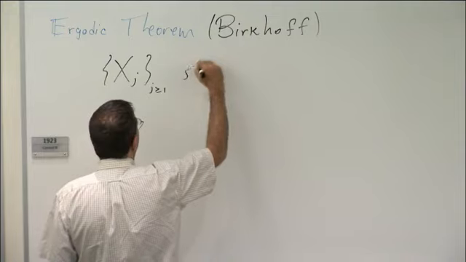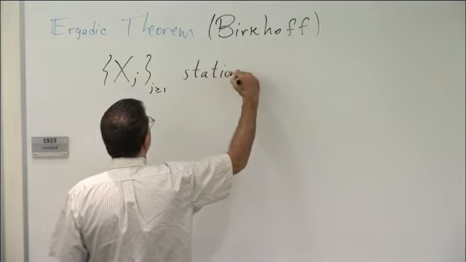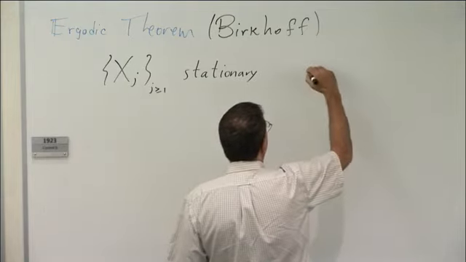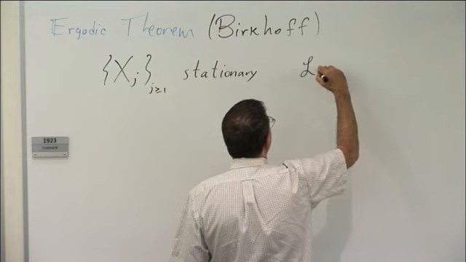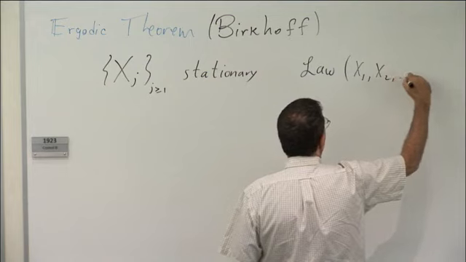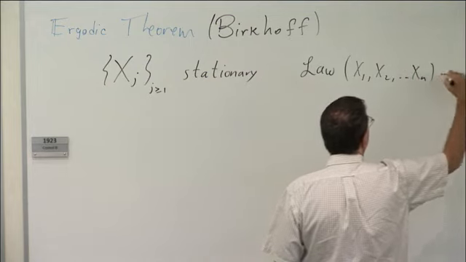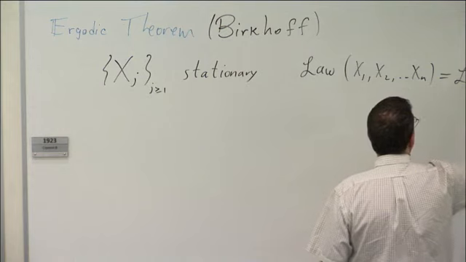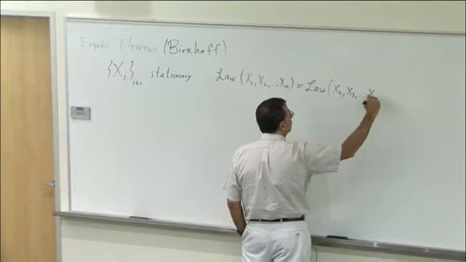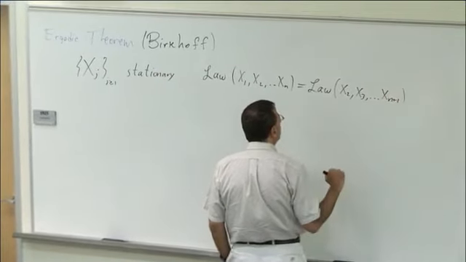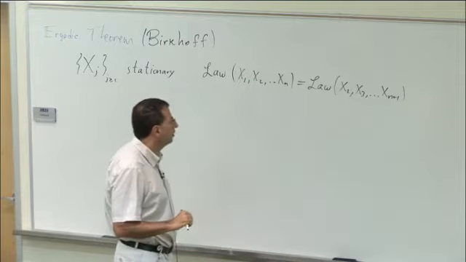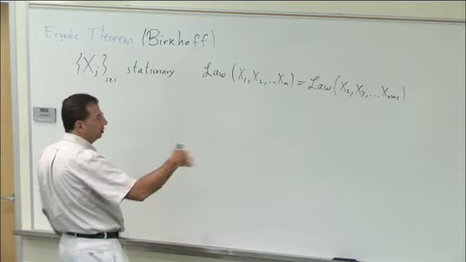This process is stationary, meaning that the law of any sequence X_1, X_2, up to X_n is the same as the law of the shift X_2, X_3, up to X_{n+1}.